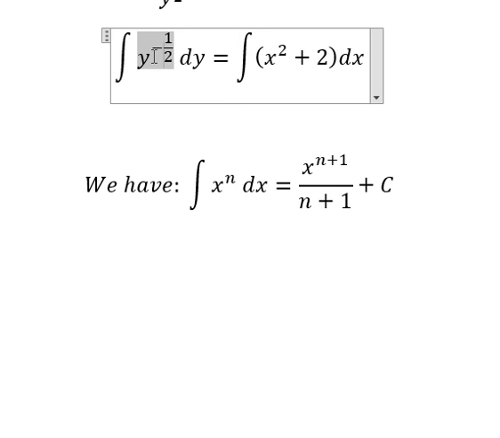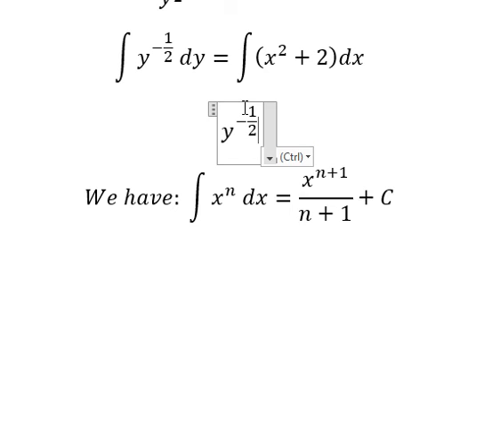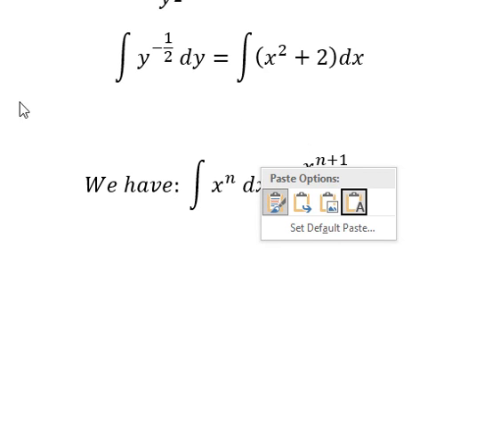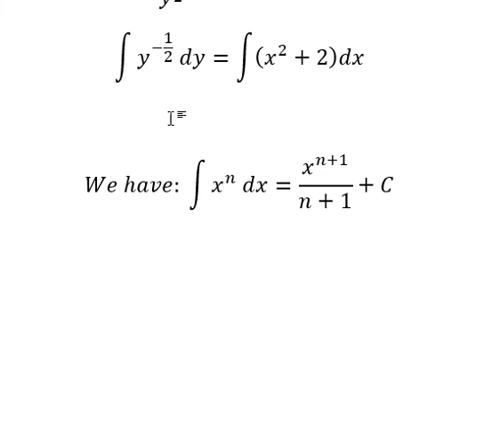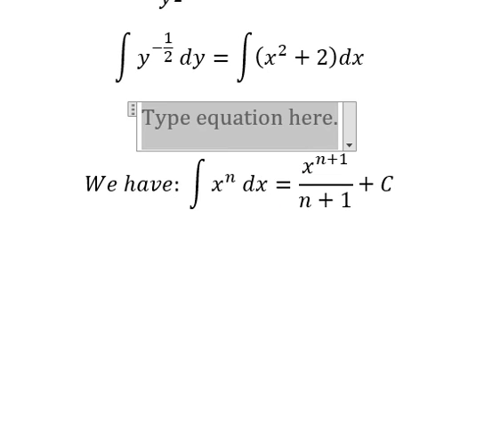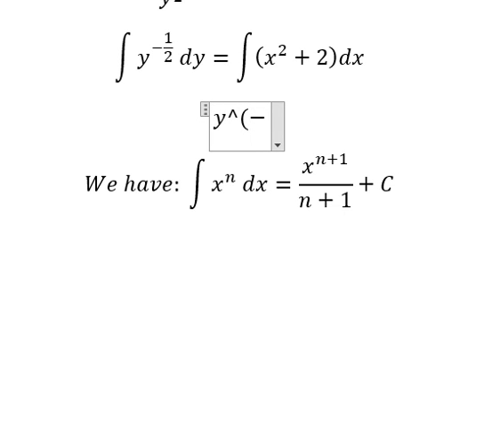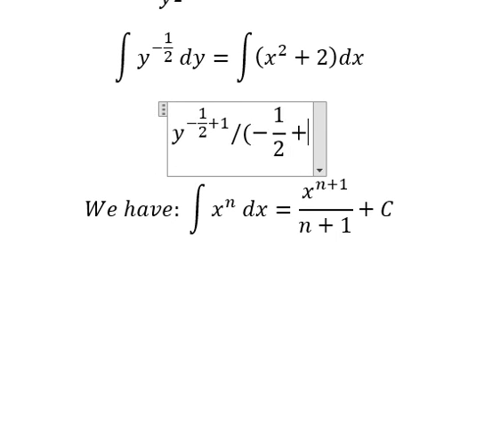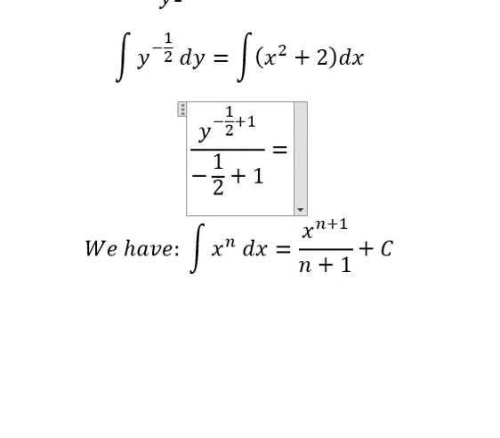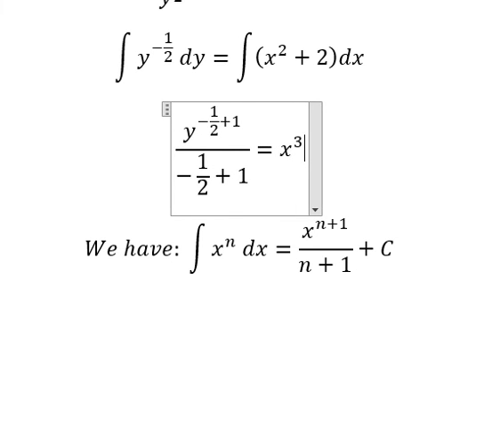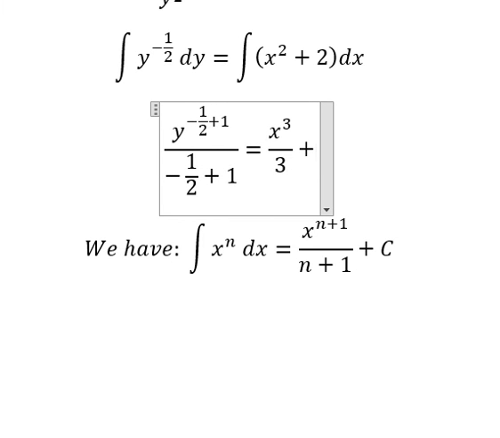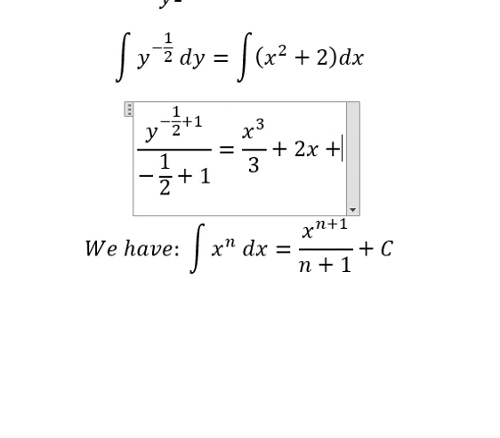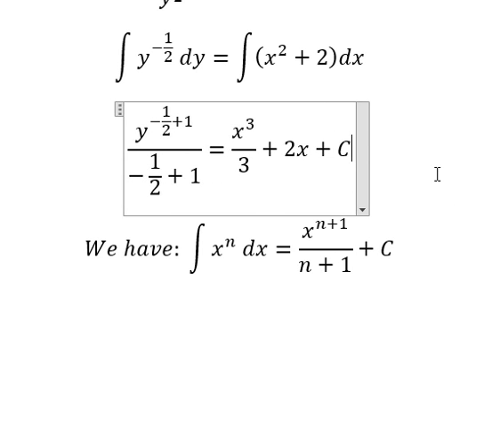So this one we have y to the power of negative 1/2, negative 1/2 plus 1 over negative 1/2 plus 1, and the next one is about 3 over 3, and the next one we have 2s, and I will put c.